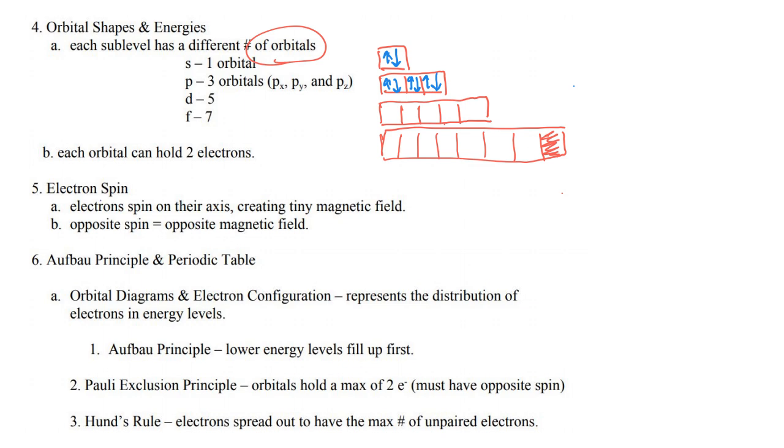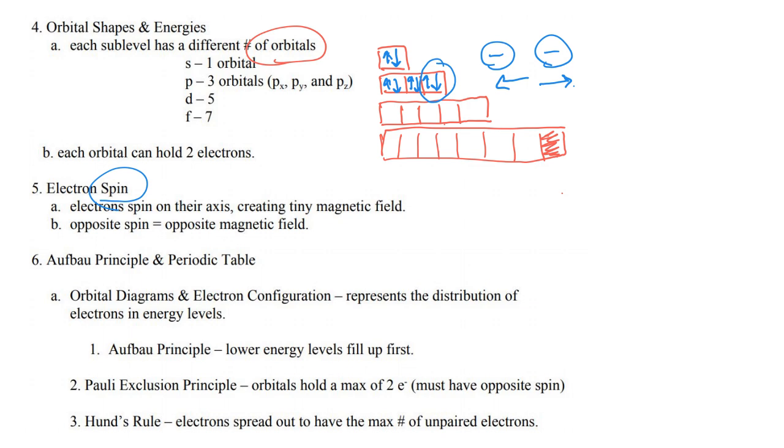About electron spin, you'll notice that I drew my arrows facing opposite directions, one pointing up and one pointing down. That's because electrons are both negatively charged, so they do repel each other. However, electrons also spin on their axis, and when things that have electrical charges spin, they create magnetic fields.